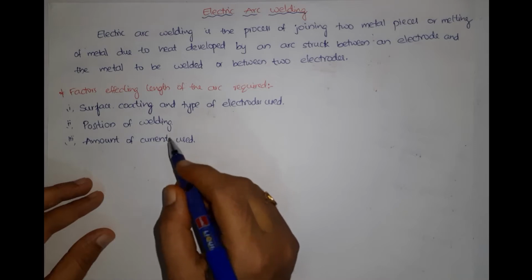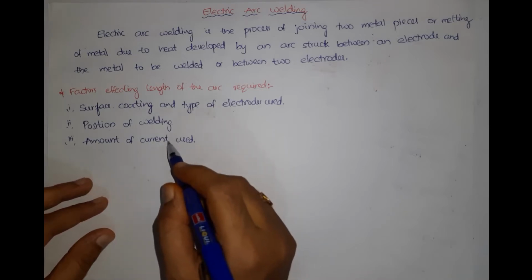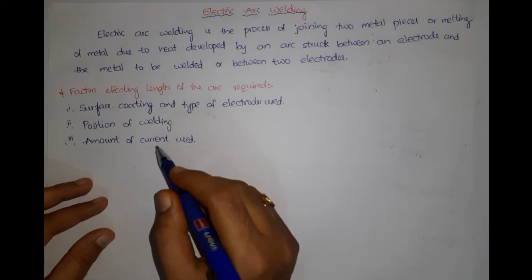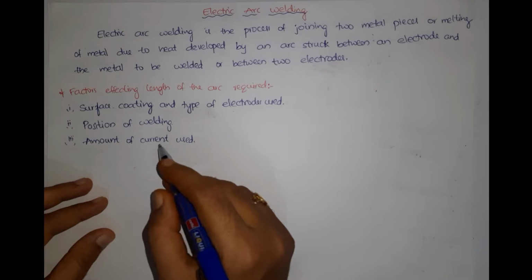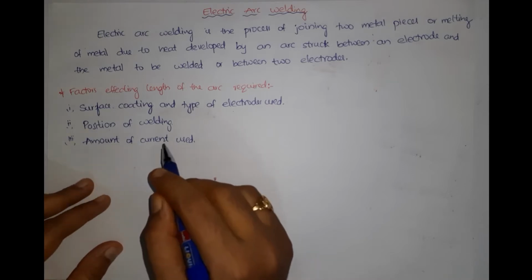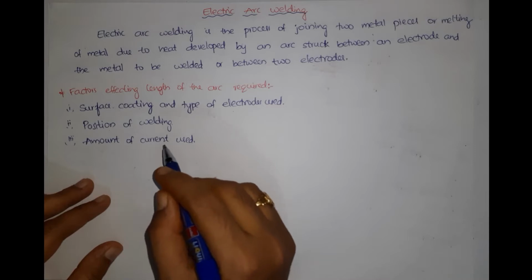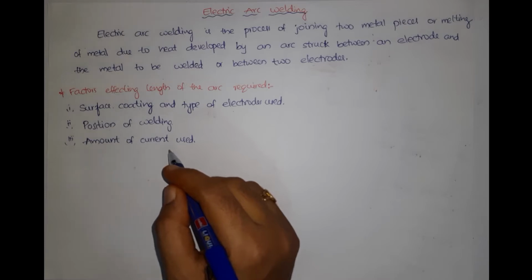Due to this, ionization takes place between the contact area, which gives immense heat. That heat is utilized to melt some part of the metal piece and the filler material, and thus the weld is completed, right?